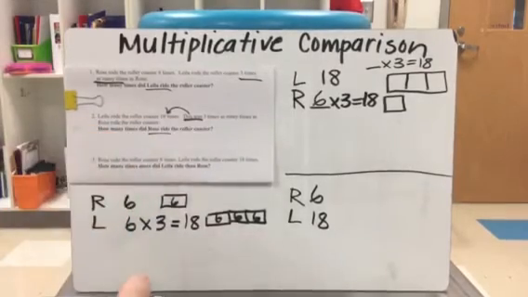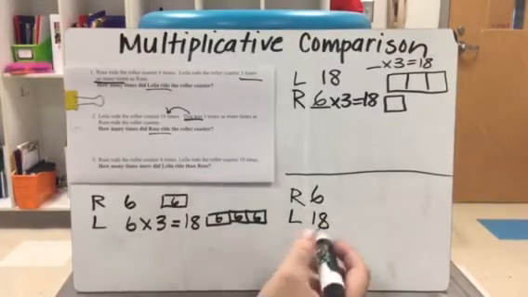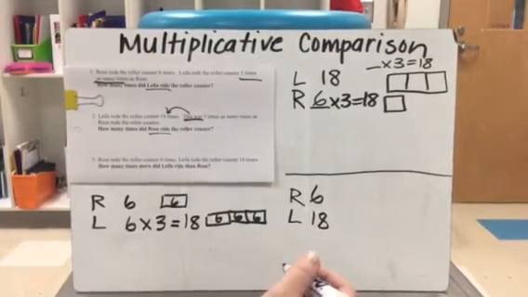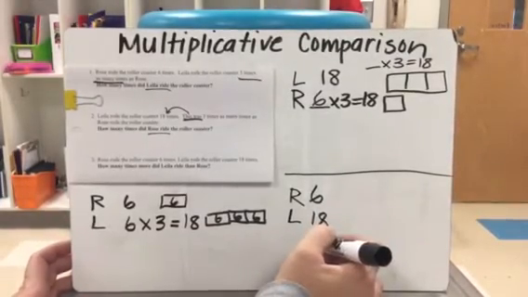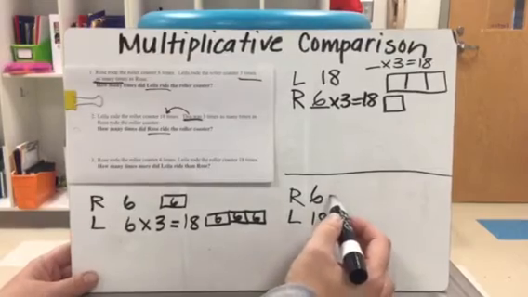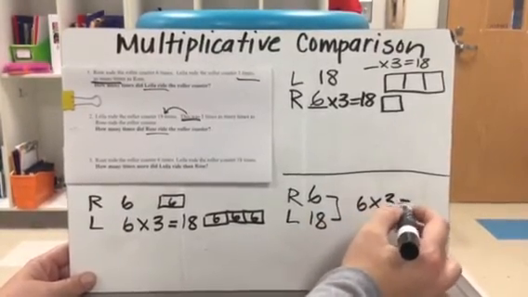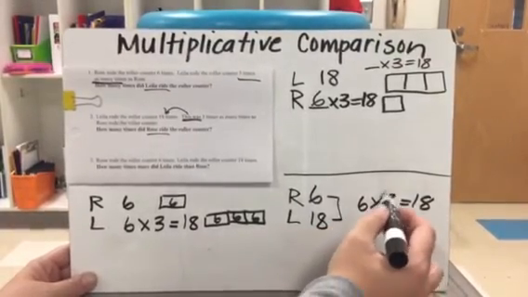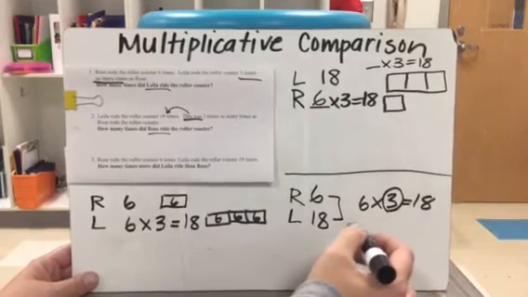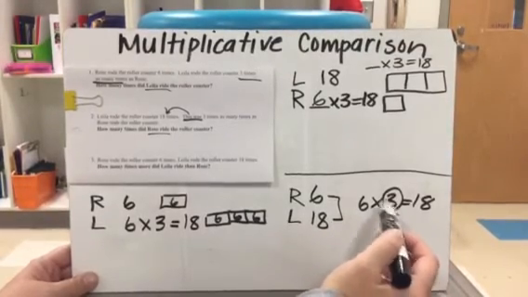ride than Rose? Now, since first grade, they've been doing comparison and they know that it's 12 more times, but we really want them to also notice that there's a multiplication relationship here. That 6 and 18 have a relationship, that 6 times 3 is 18. So what that means is this times 3 tells us that Layla rode the ride 3 times more than Rose.